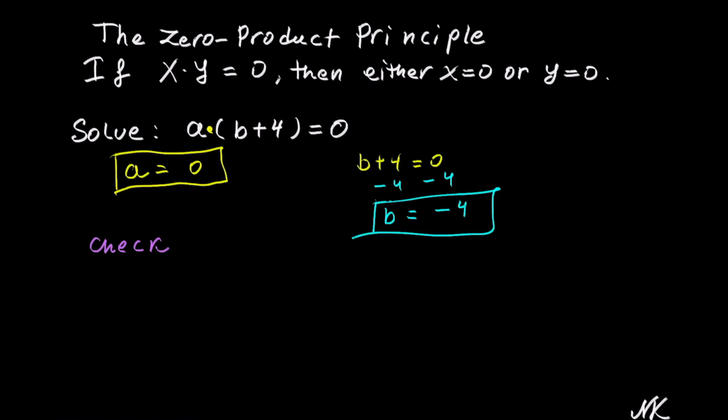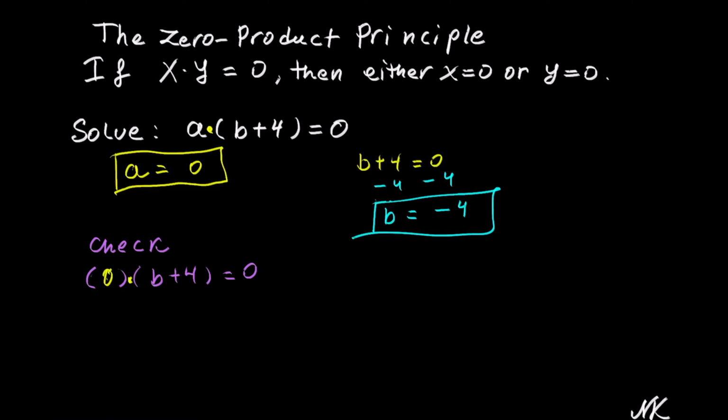Let's plug in a equals 0 into a times parentheses b plus 4 equals 0, and instead of a we plug in 0. Now 0 times anything gives us a product of 0, and we have 0 equals 0.